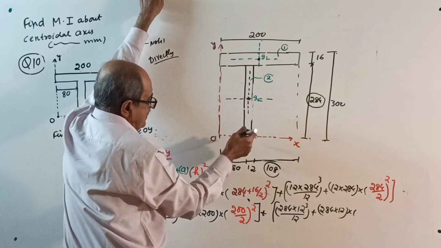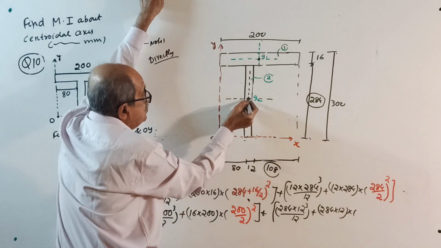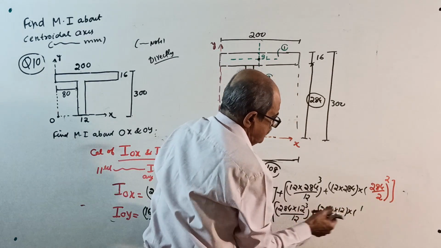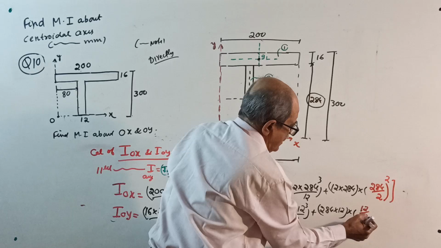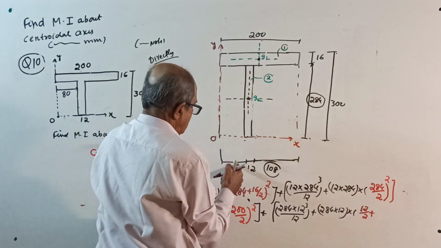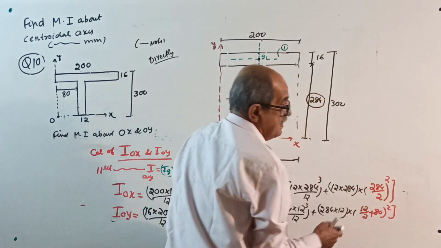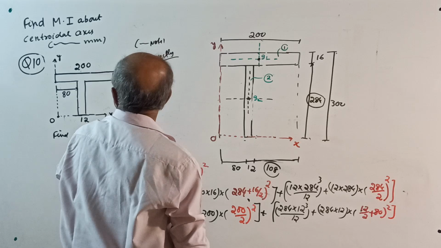From here to here is 12 by 2 plus another 80, whole square. Over. Calculate, you get I about OY.